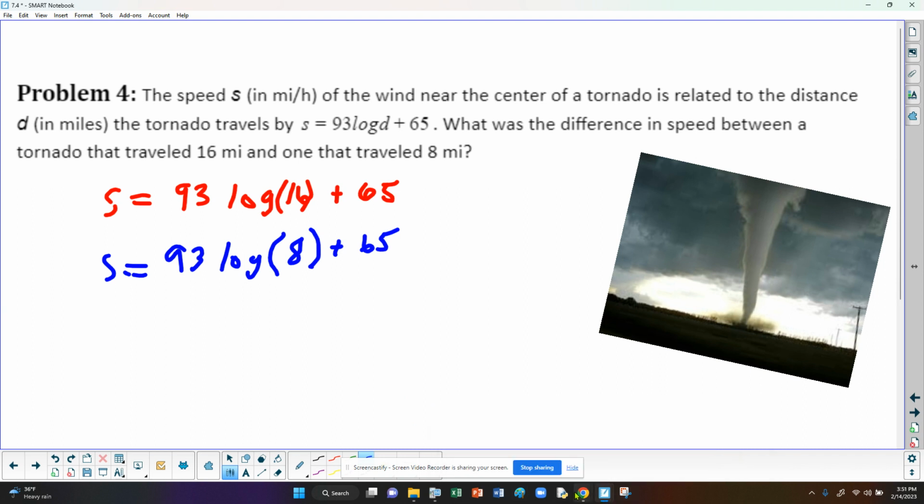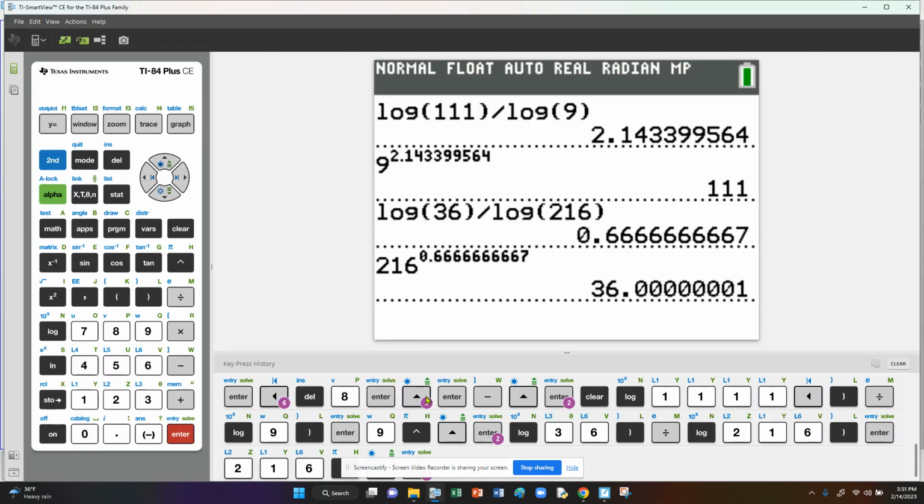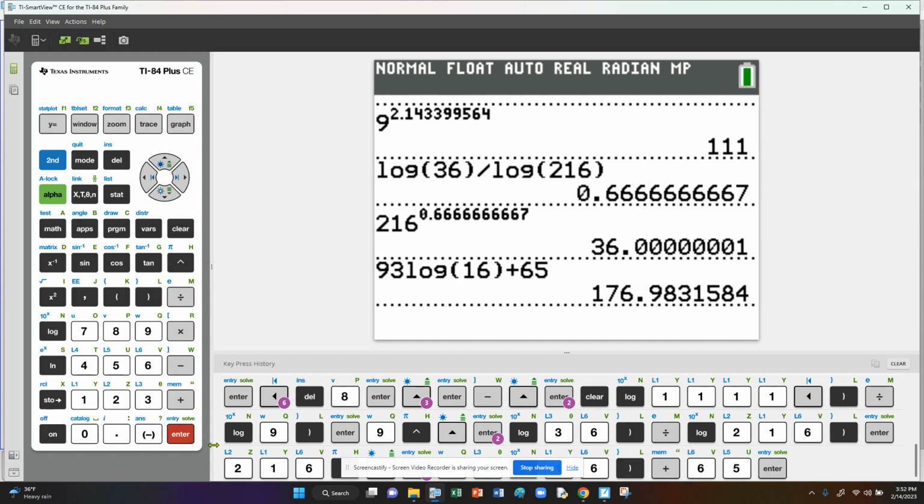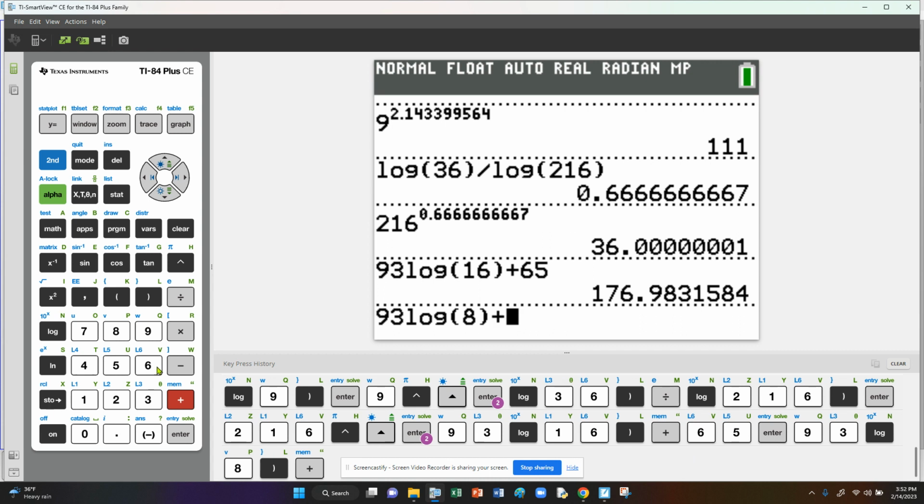So heading to our calculator then, we'll calculate both of these and then see the difference in the wind speeds. We'll hit 93 using our common log button. First wind speed distance was 16 and then plus 65. So that tornado had a speed of 177 miles per hour, roughly. Second tornado was on the ground for 8 miles, so we'll go 93 log 8, close off our parentheses, plus 65.